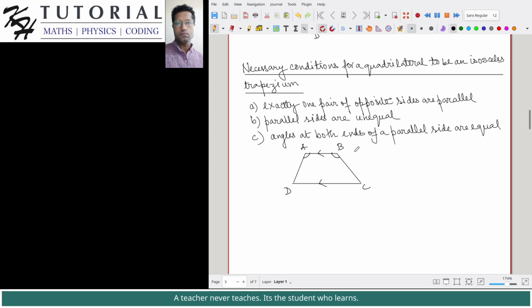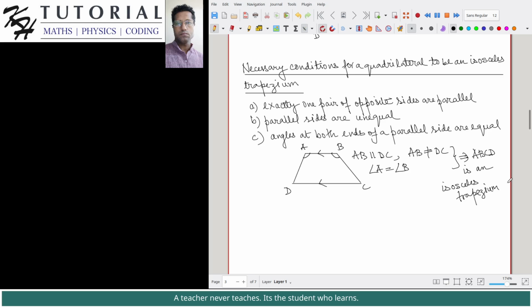So we have AB parallel to DC, AB is not equal to DC, and angle A is equal to angle B. All this will imply that ABCD is an isosceles trapezium.